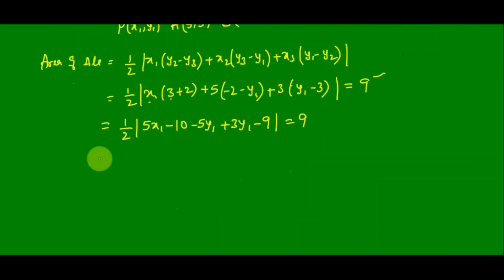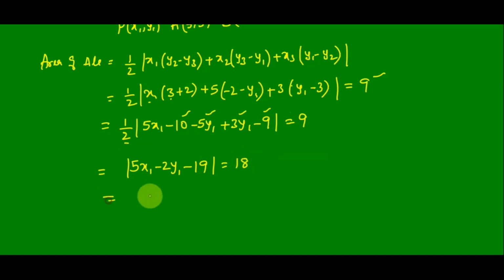Okay. Now, see here, I'll take this to that side, right? So this will become 5x1. I'll add the like terms, minus 5y1 and plus 3y1 is minus 2y1. Then constants, minus 10 minus 9 is total minus 19, mod is equal to, when this 2 goes to the right hand side, it will get multiplied with this 9. 9 into 2 is 18.